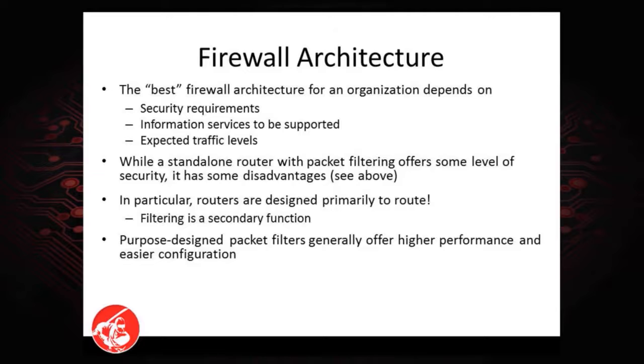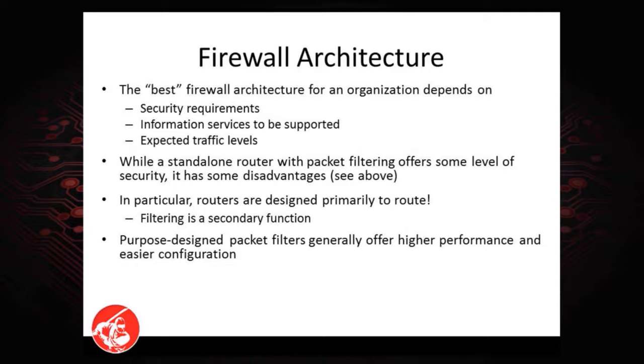So what firewall architecture does an organization typically deploy? Well, it usually depends on their security requirements, their information services to be supported, and their expected traffic levels. A standalone router with packet filtering does give us some protection, as we said, but they're there to route. Filtering is a secondary function.